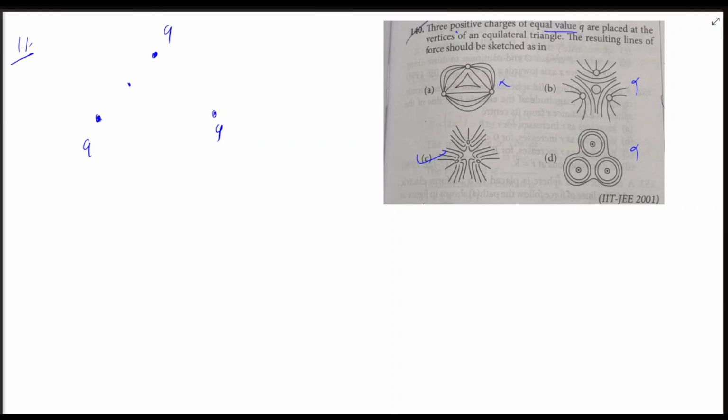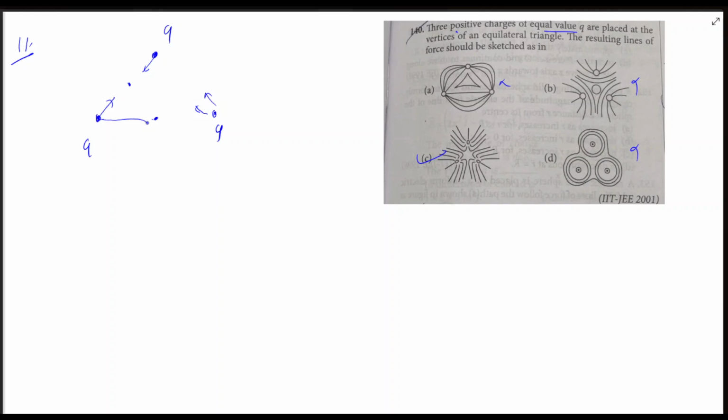Now look, due to this plus Q, electric field will be like this, right? And due to this, electric field will be like this. And due to this, electric field will be like this, right? Now what will happen is, at these two points, due to these, electric field will be zero at the mid, but electric field due to Q will be here.